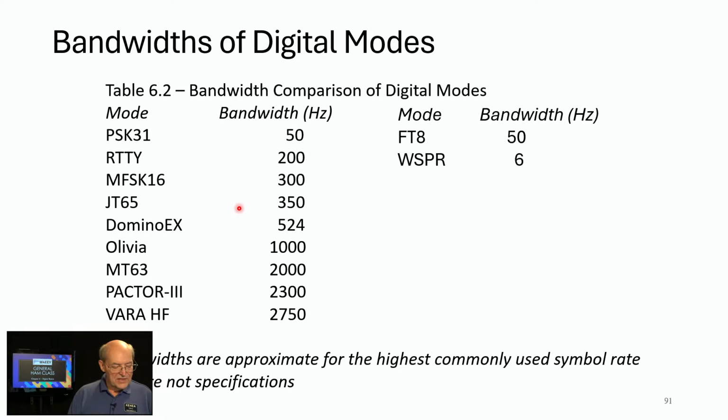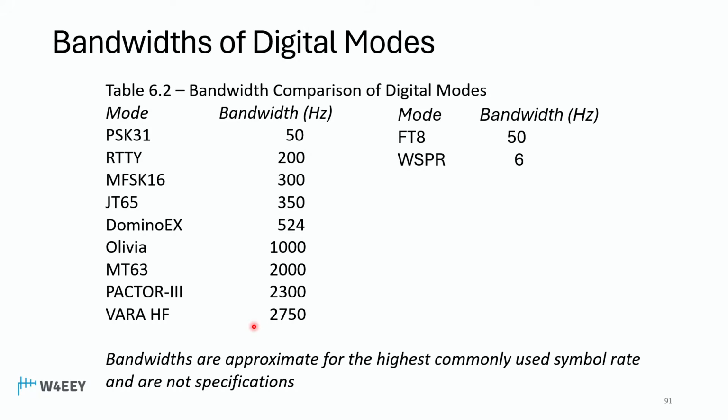So we've got some of these other ones here, and you'll notice that all of these, even the ones that are the widest, are still under 3 kilohertz, which is the space of a single sideband signal. Our HF is right up there. Pactor is. And then here's some other ones just for comparison. RTTY is about, radio teletype, about 200.